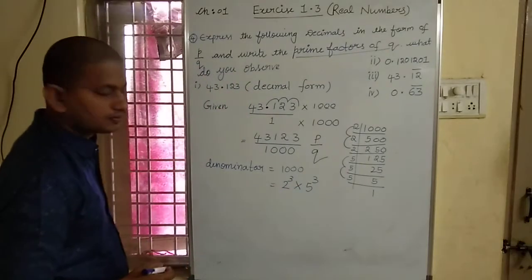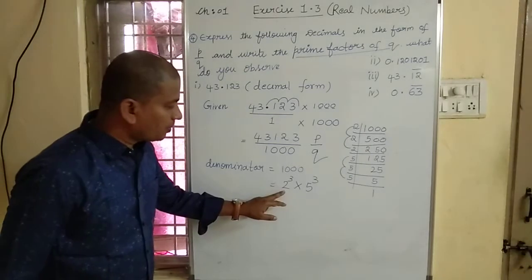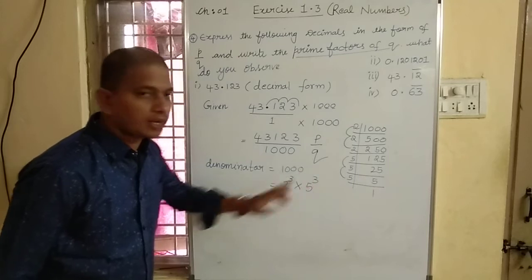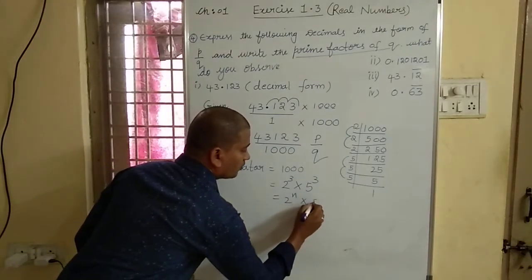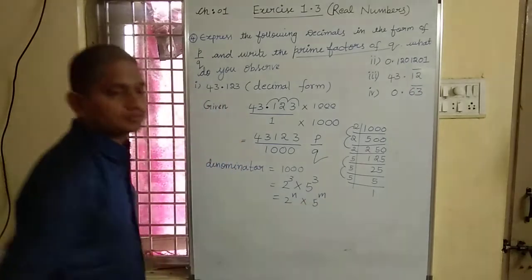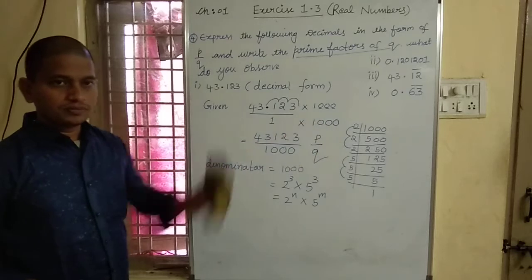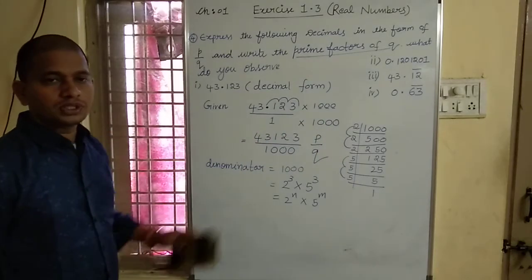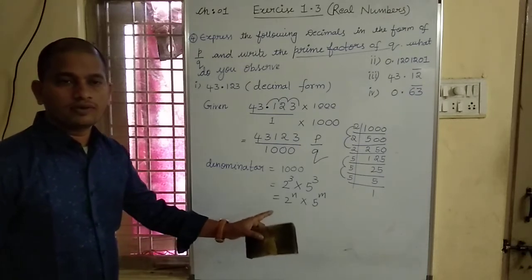See, if you observe here, the denominator is in the form of 2 power n into 5 power m. Yes, we wrote the prime factors of Q. And what do you observe? We observe that the denominator is in the form of 2 power n into 5 power m.